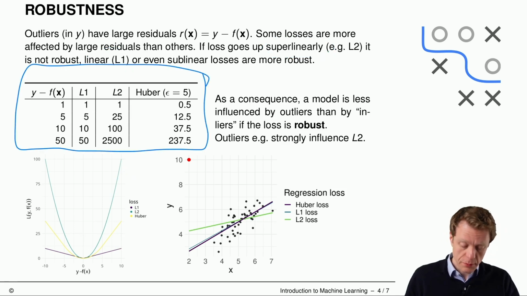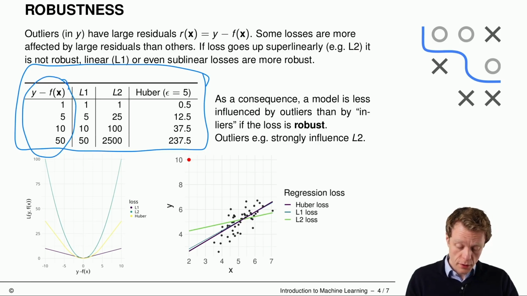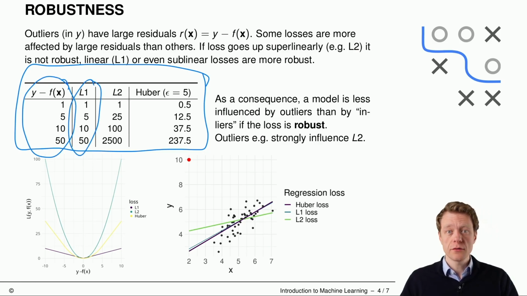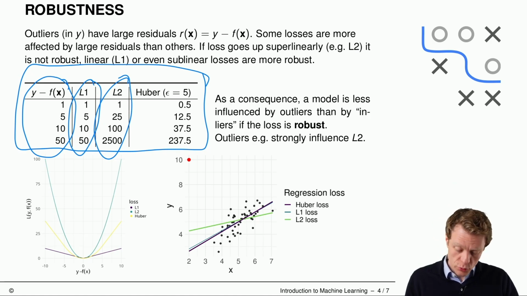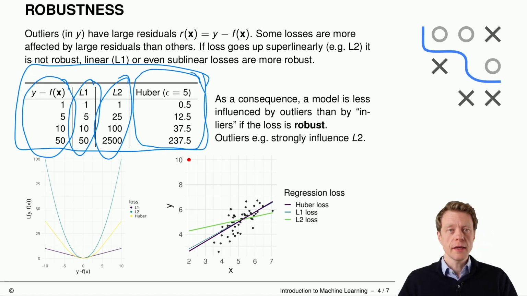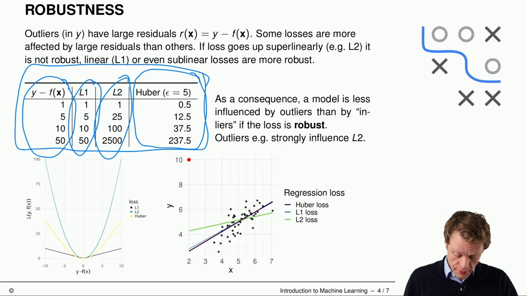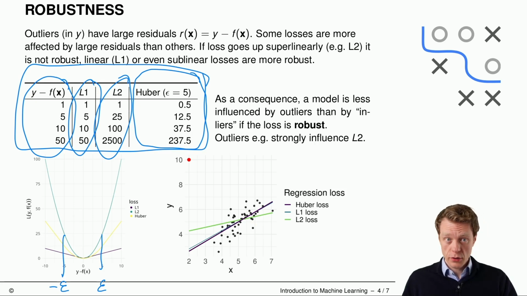So in the table, the residual y minus f, the L1 loss, which is the absolute value of the residual. Here all the residuals are positive, so it's just the residual. The L2 loss, which is the square of the other thing. And then we have the Huber loss. The Huber loss is a combination of L1 and L2 loss. As you hopefully might see here, in the area between minus epsilon and plus epsilon, it's the L2 loss.